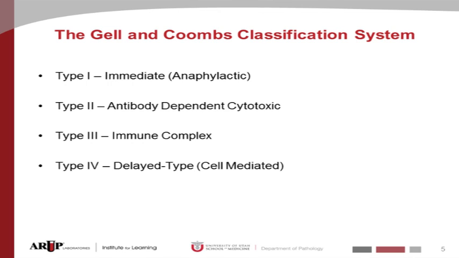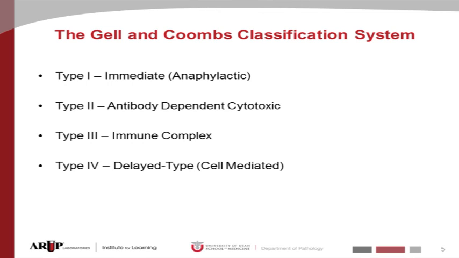Back in 1962, two guys with their last names of Gell and Coombs came up with a classification system of hypersensitivities. And they based those classifications on the different basic mechanisms of immune injury that were occurring. They called them types 1, 2, 3, and 4.